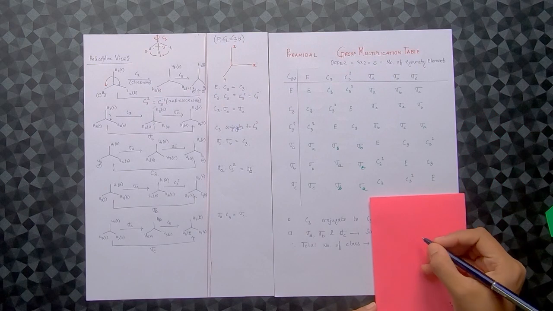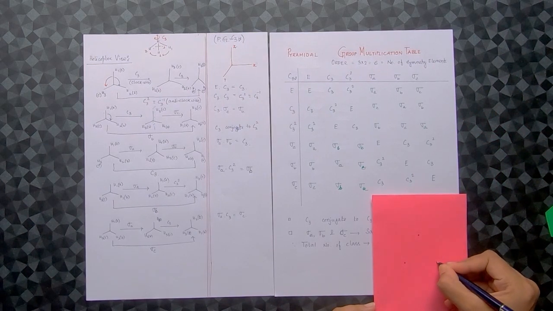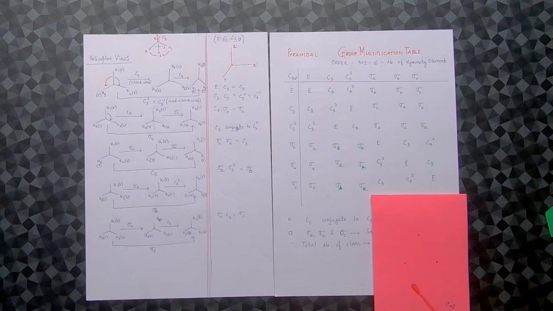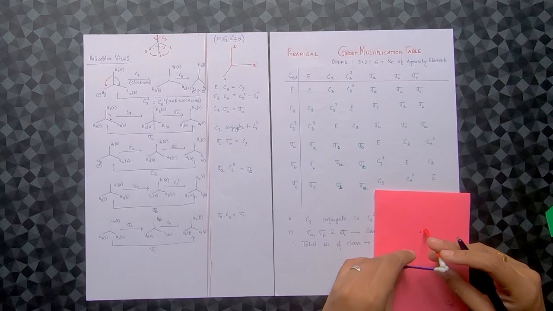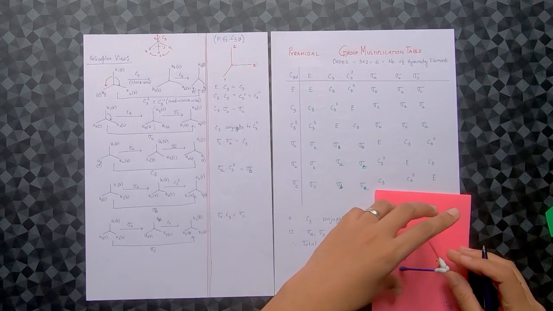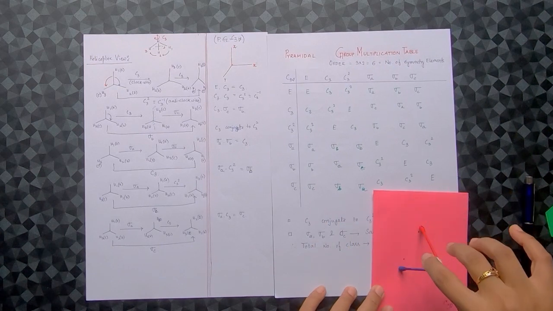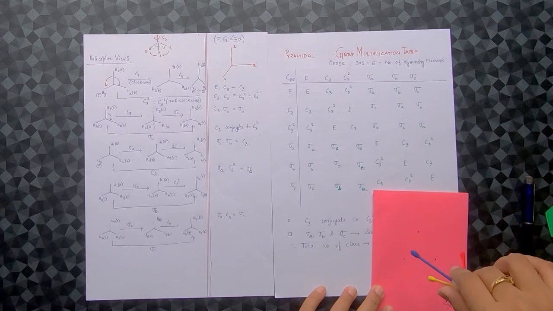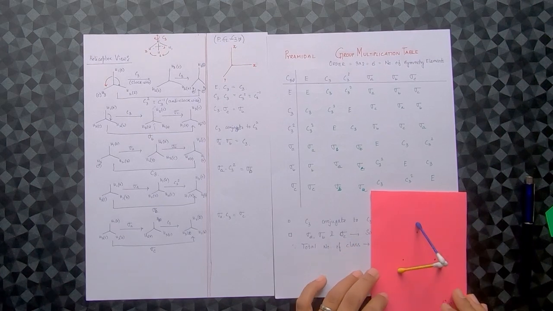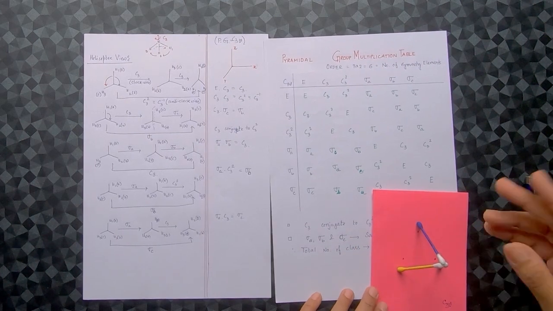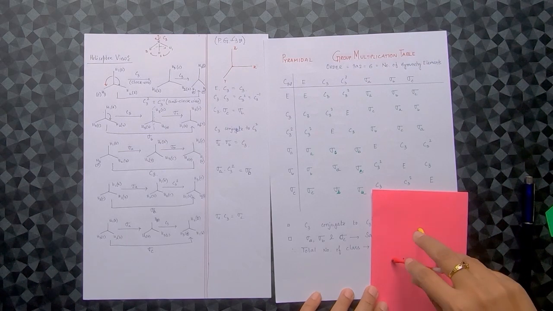So better I give 3 positions for these 3 hydrogens and rotate them. First I do C3, and it will be like this. Then again one more C3, and it will be like this.